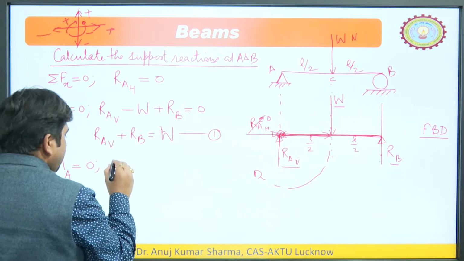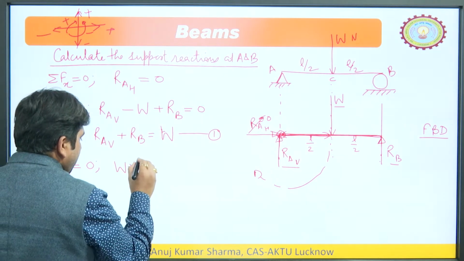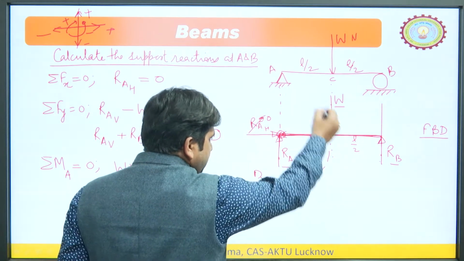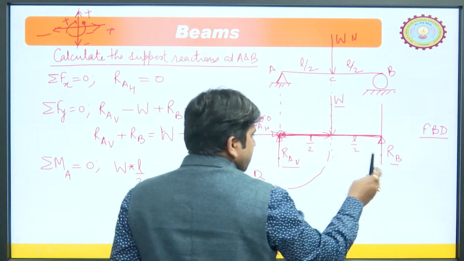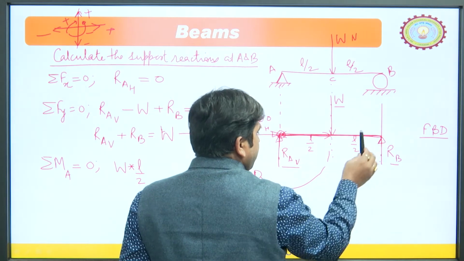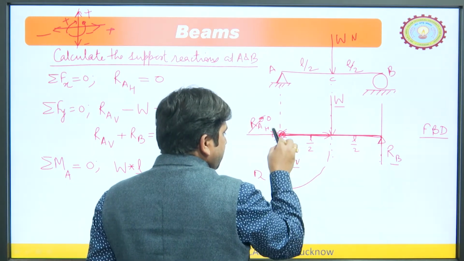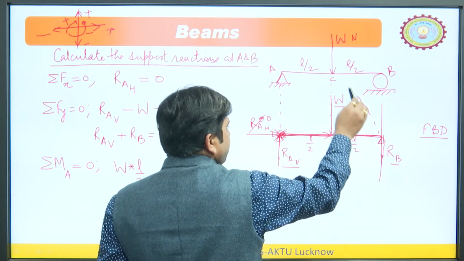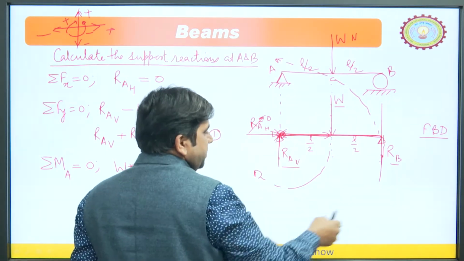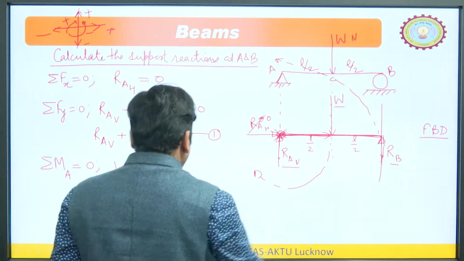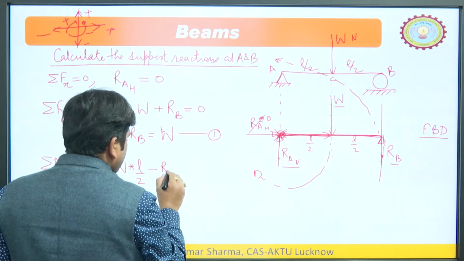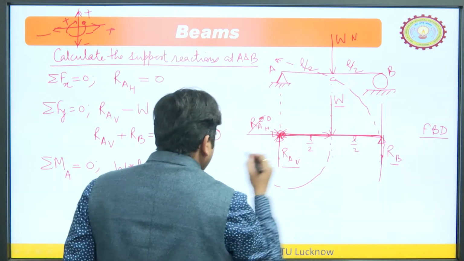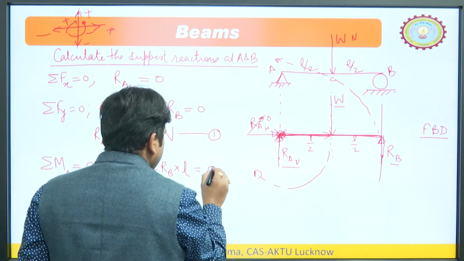So, what would be the moment here? W into L by 2. It is clockwise, so that is why it is positive. Now, the force R B is acting vertically upward, and if we rotate this force about this point, it will go like this. So, it is a negative moment. The moment is minus R B into the total distance from here to here, that is L, equals 0.